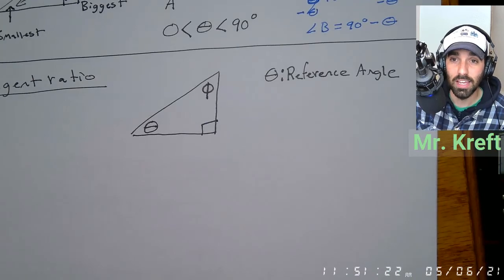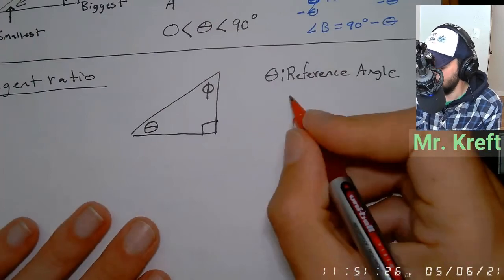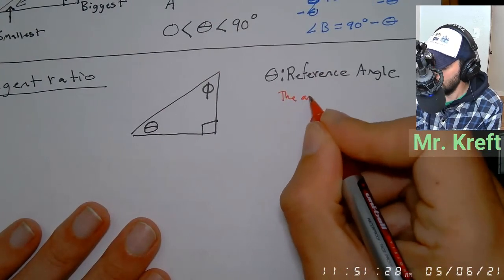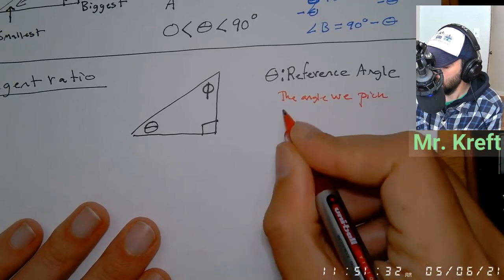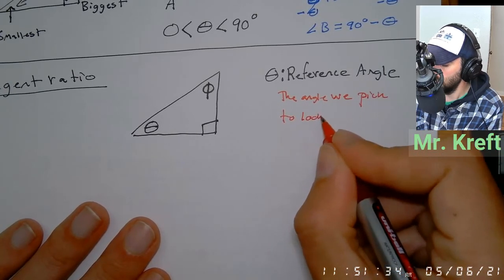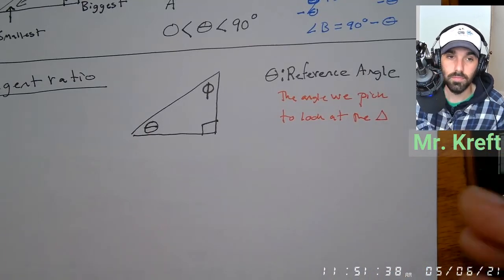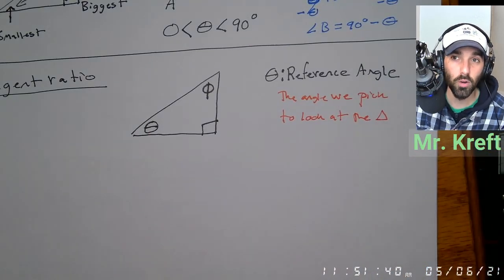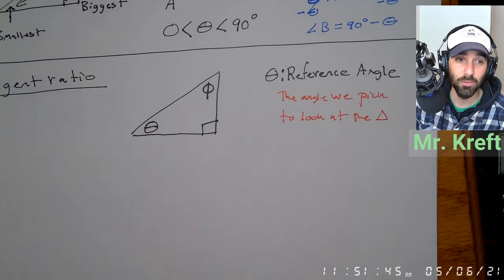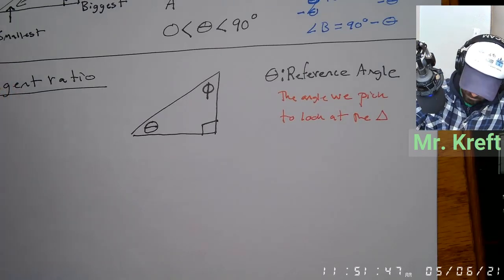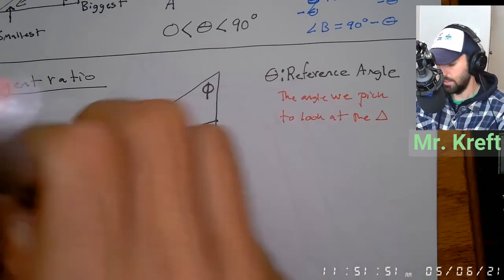So a reference angle is the angle we pick to look at the triangle. Okay, so you have to start out with a reference point. And that's what a reference angle is. It's a reference point.